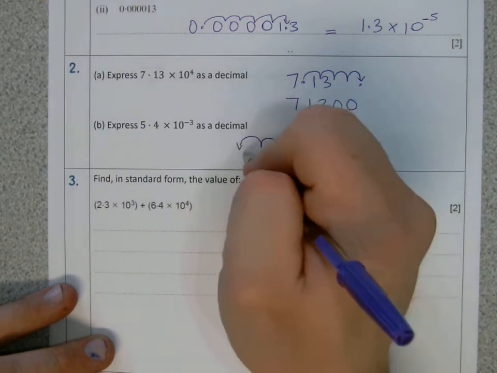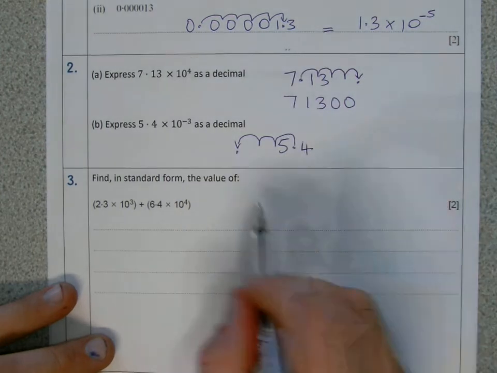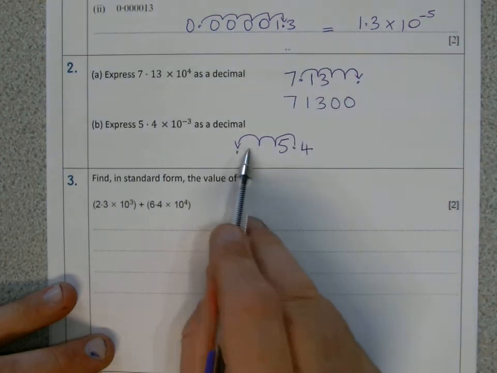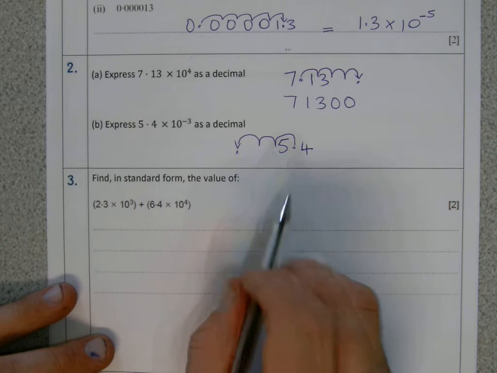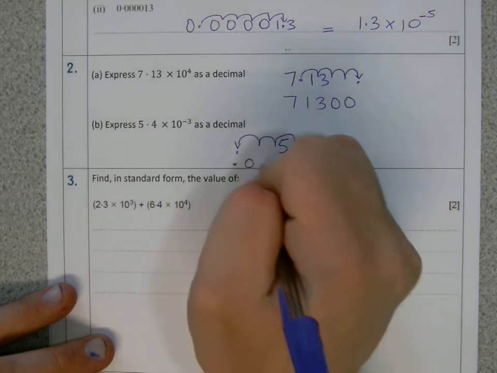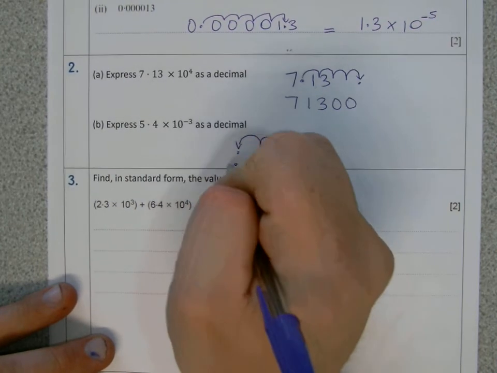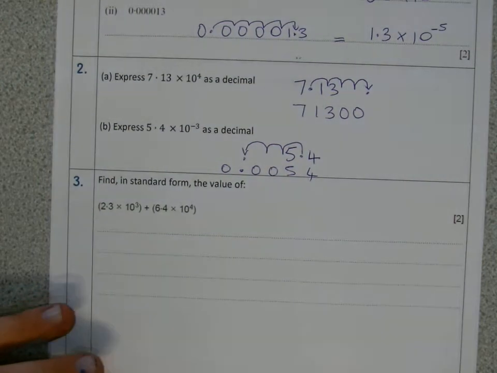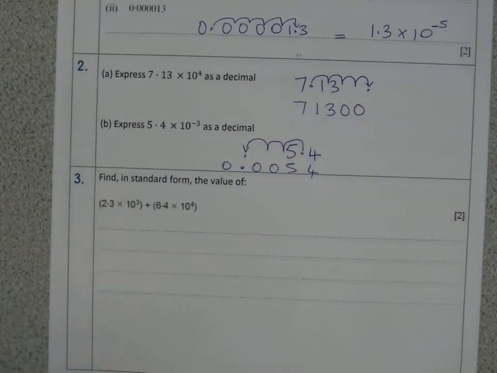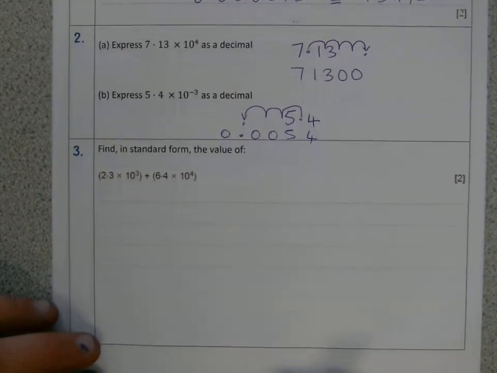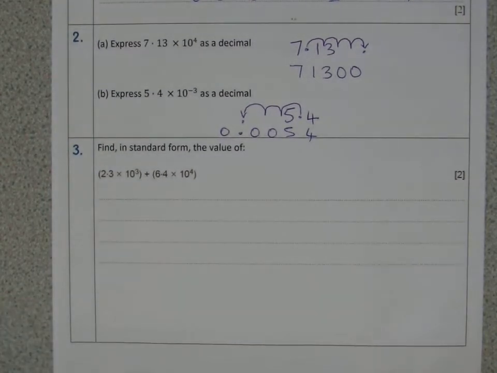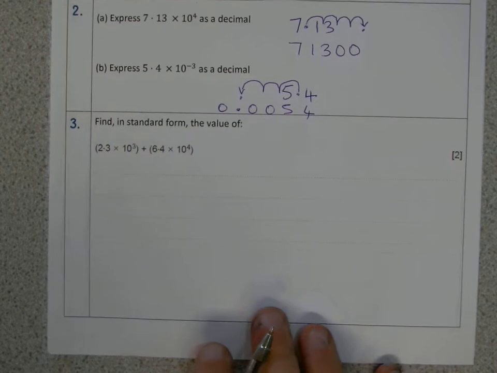Because it's moving there, we fill these loops up with zeros. So we'll have decimal point 0, 0, 5, 4, and of course you need to put a 0 in front of that point. So there's my answer, 0.0054.